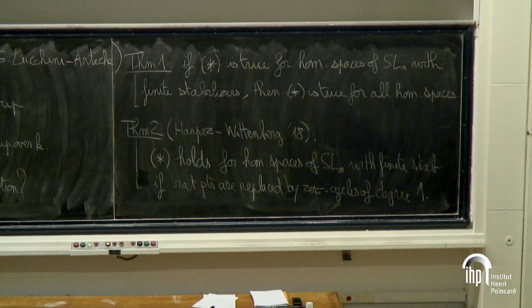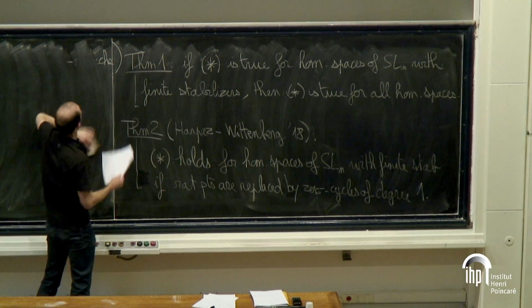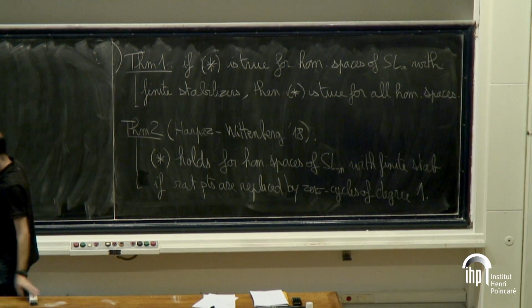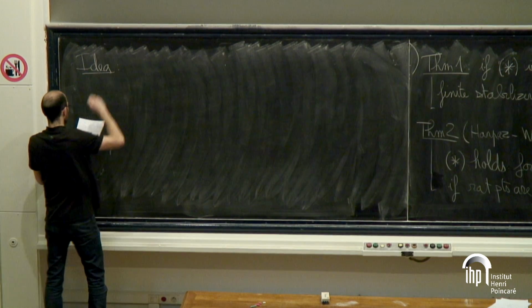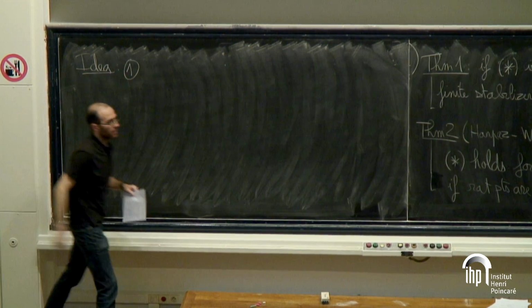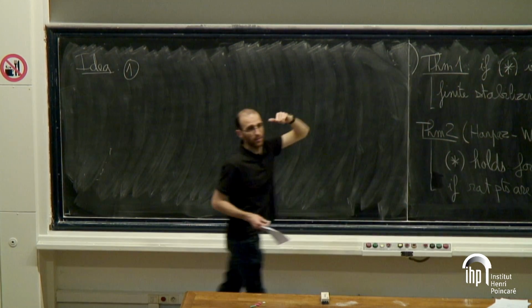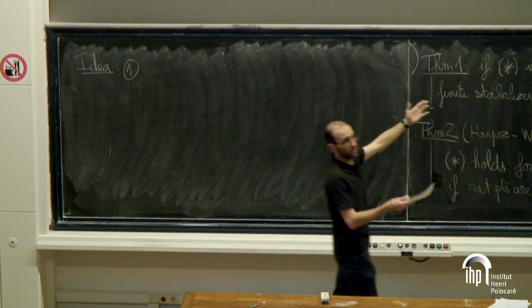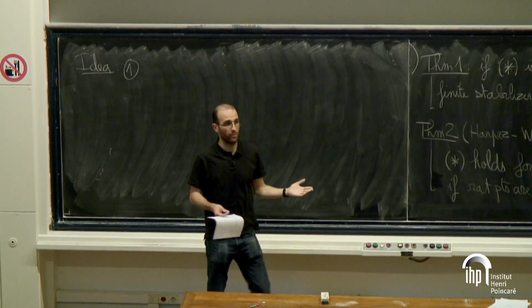I will state it in a maybe too complicated way, but it is on purpose to make things easier in the next part. So the idea is the following. First, in the case when rational points exist, homogeneous spaces are essentially equivalent to the data of an algebraic subgroup of a given algebraic group.